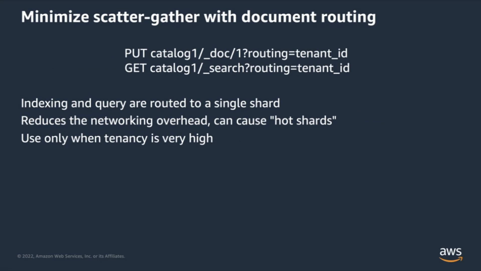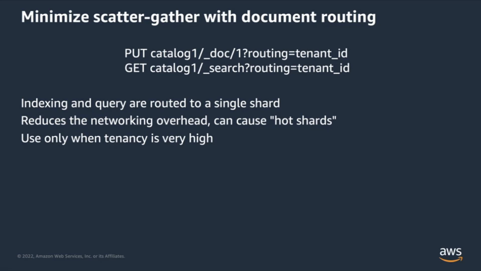One of the heavier weight tools that you can use is using custom document routing. When you index a document, or when OpenSearch indexes a document for you, it is randomly distributed between the primary shards. If I have 3 primary shards, every document that comes in is going to be randomly deployed to one of those shards. It's done so based on a hash of an internal ID. You can actually choose to set the ID and route all of the traffic for that ID to a specific shard.